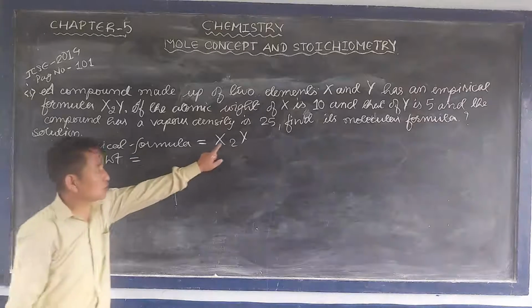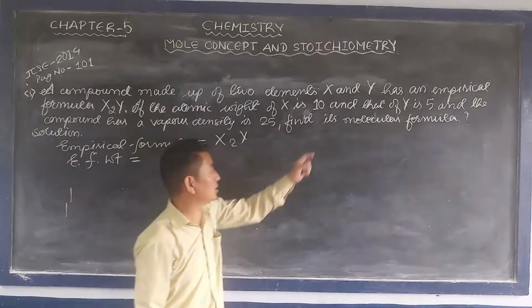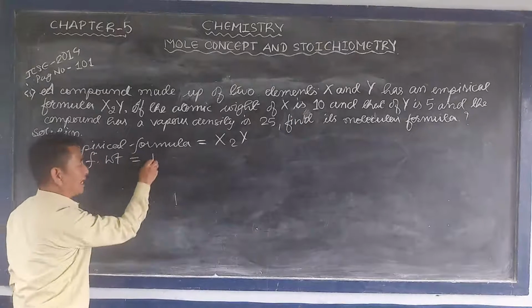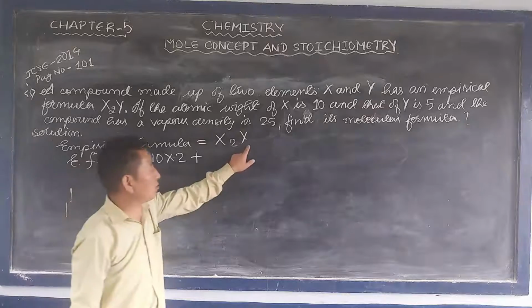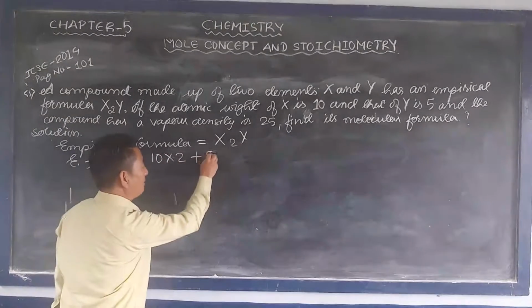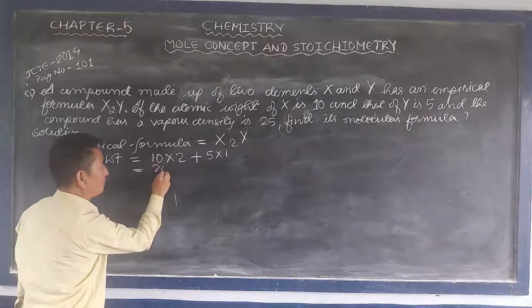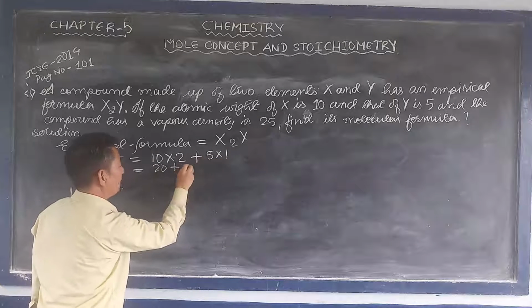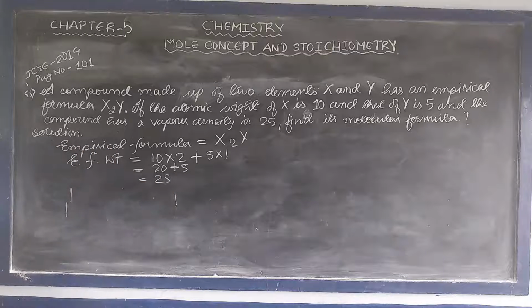Here X2Y: the atomic weight of X is 10, so 2 atoms of X is 10 into 2, plus 1 atom of Y with atomic weight 5, so 5 into 1. So 20 plus 5 is 25. The empirical formula weight of the compound is 25.